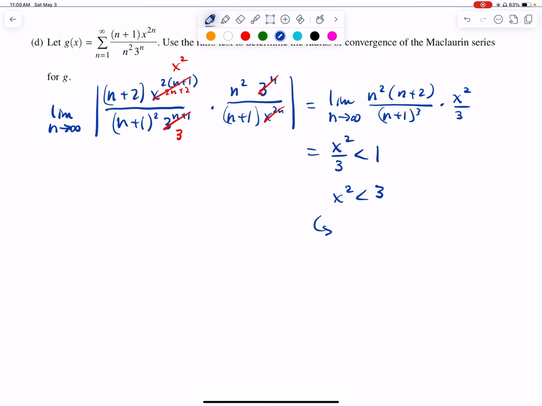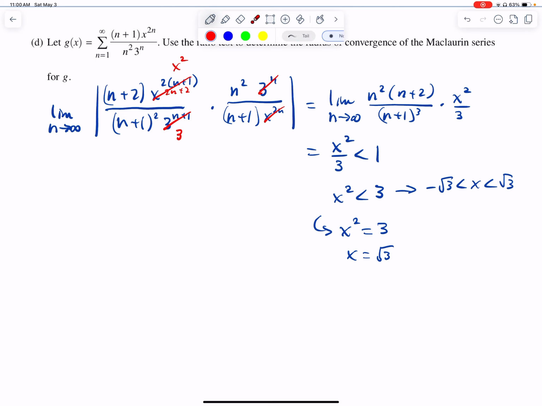In terms of a quadratic equation, getting rid of the absolute value, you would have to take the square root of this, and so x would be equal to the square root of 3. It's actually plus or minus, and your interval of convergence would be negative square root of 3 is less than x, which is less than positive square root of 3.